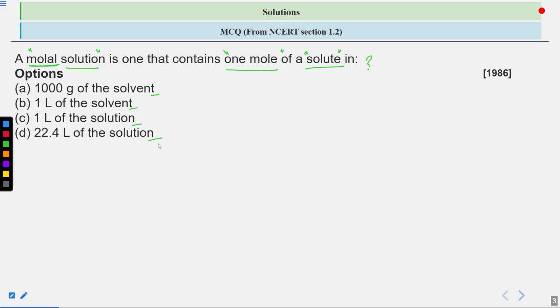Basically, you have been given 4 choices of different amounts of solvent, in grams and liters. You have to fit the correct amount in the question to give the correct answer. So you have some time to go through it. After that, we will continue to its correct answer.